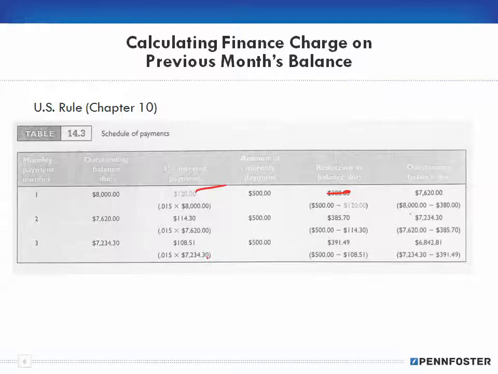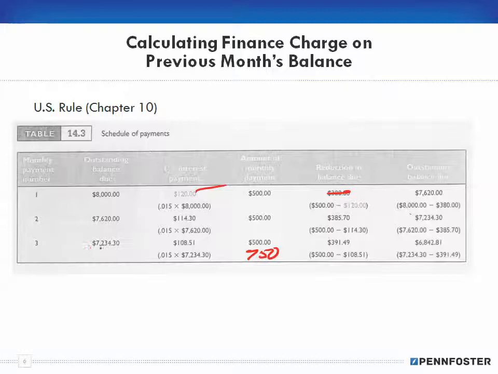But also be aware, what happens if I double up on a payment? Let's say I didn't make this as a $500 payment. Let's say I had made this as a $750 payment instead. Well, you'd have this schedule, already pre-printed, but then you would have to adjust it.